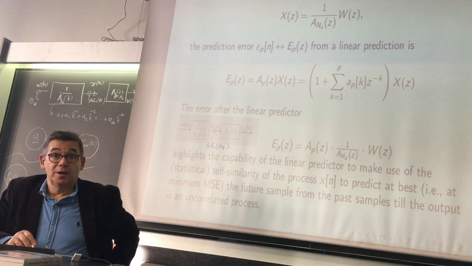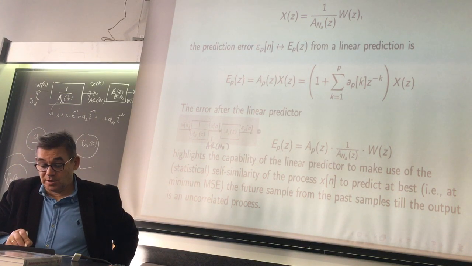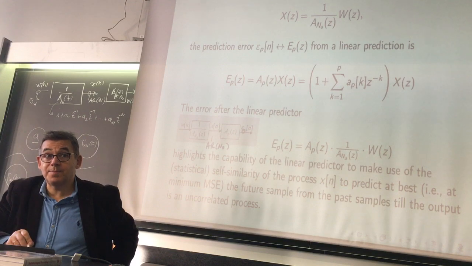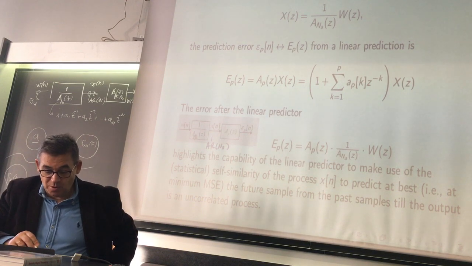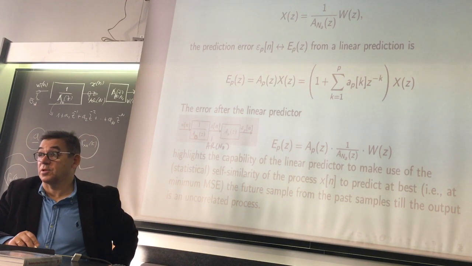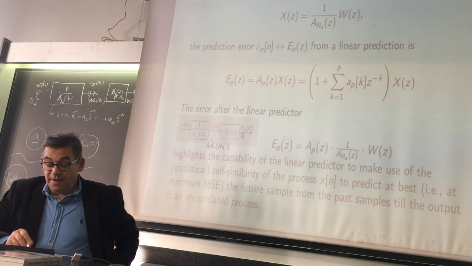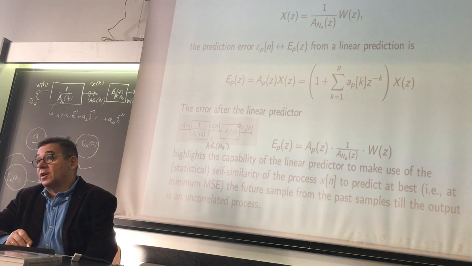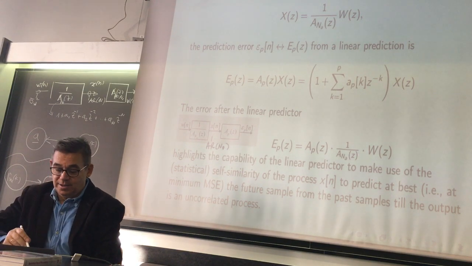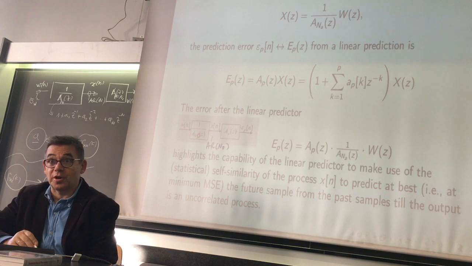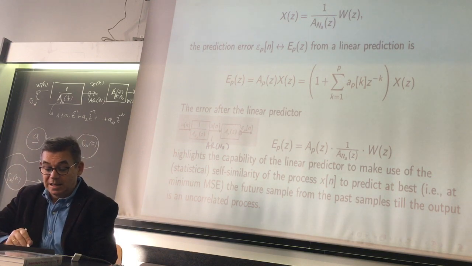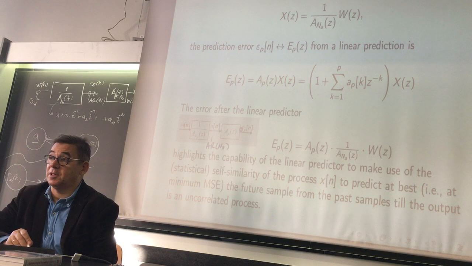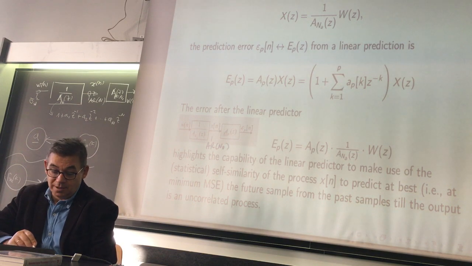Perfectly whitening means that epsilon P[n] is perfectly white. It cancels perfectly the poles of the autoregressive process. If the order P of the linear predictor is less than the order of the autoregressive process, my linear predictor is approximately whitening the random process.